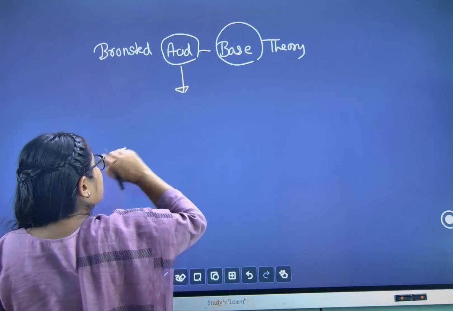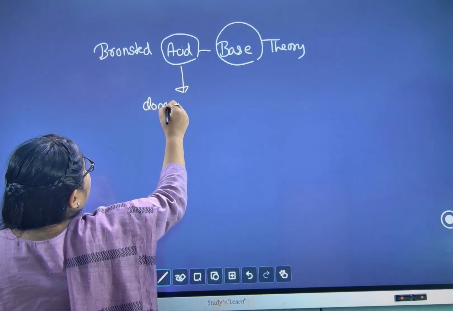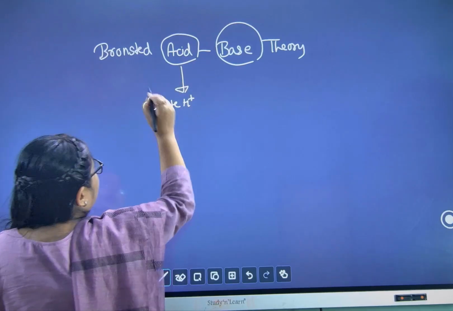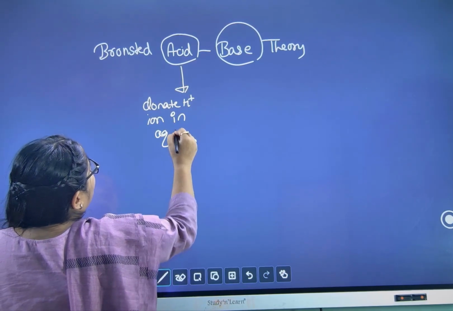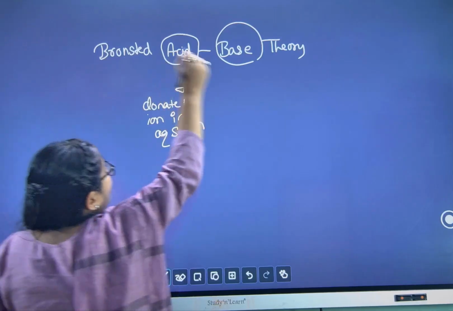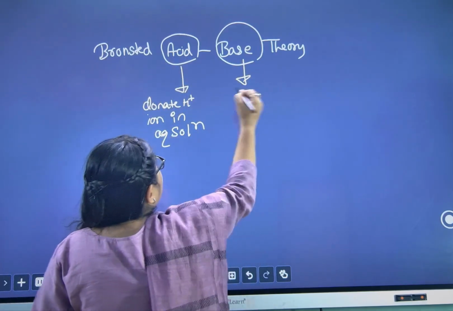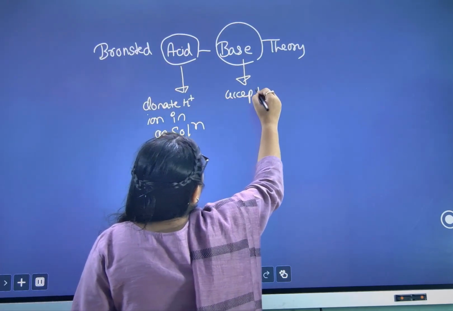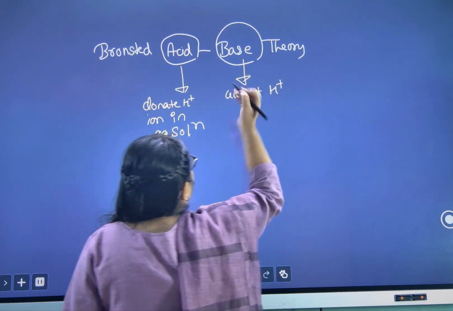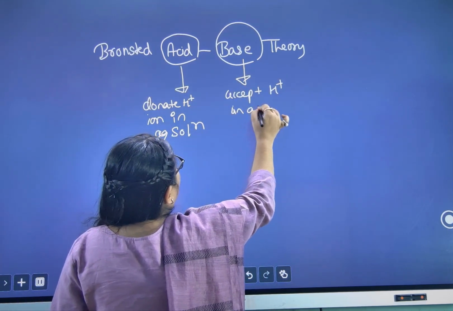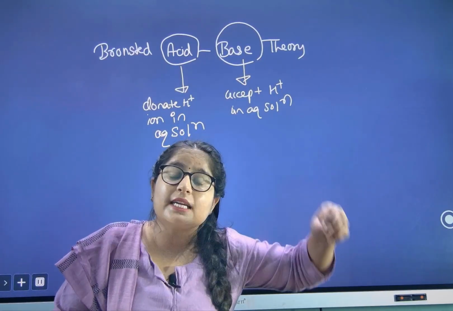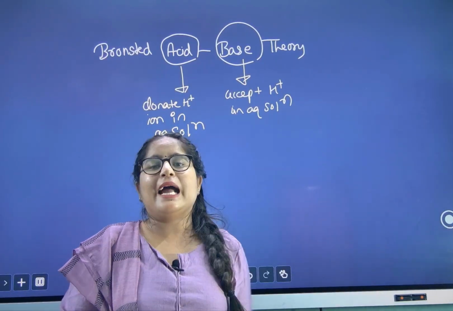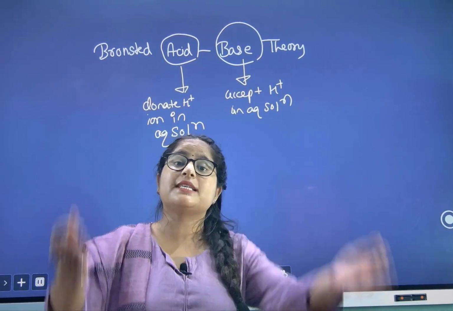Bronsted acid is something which donates H plus ion in aqueous solution. Base is something which accepts the proton in aqueous solution. Are you able to understand? So Bronsted acid is that which donates H plus and Bronsted base is that which accepts H plus.